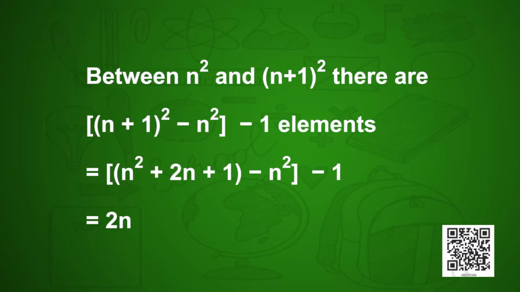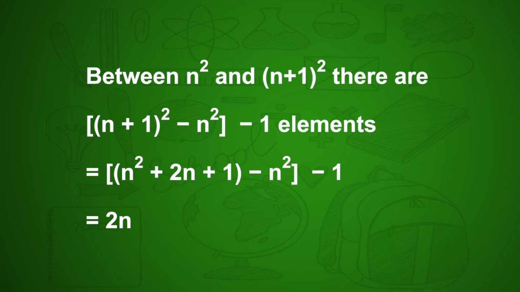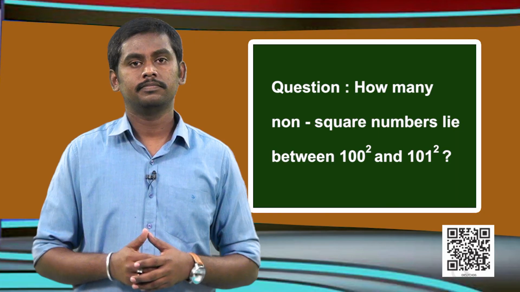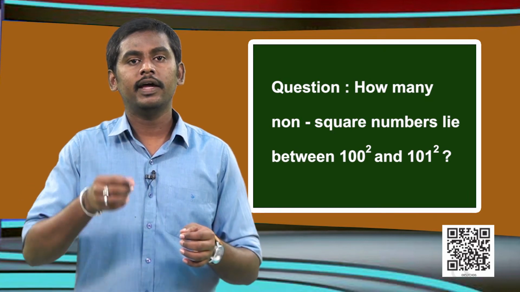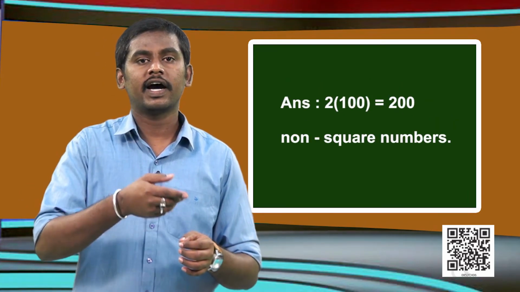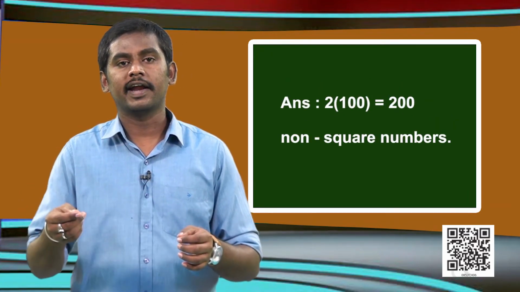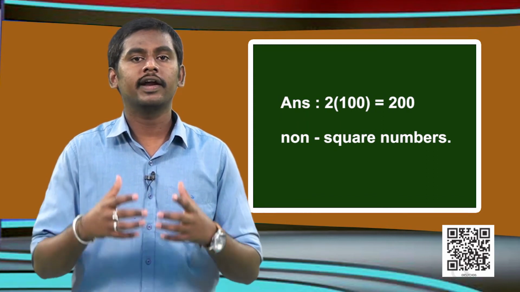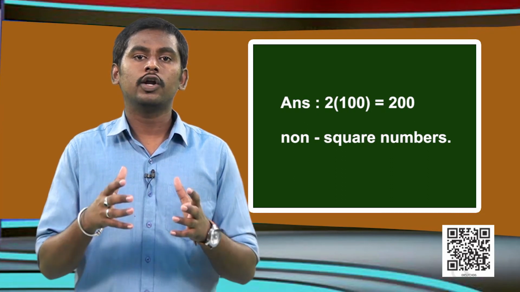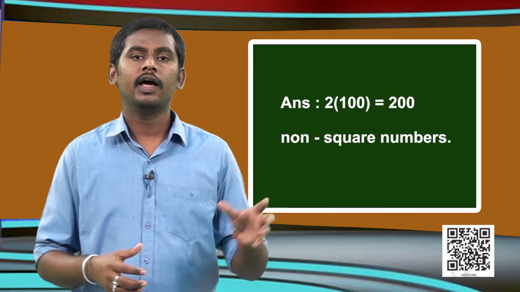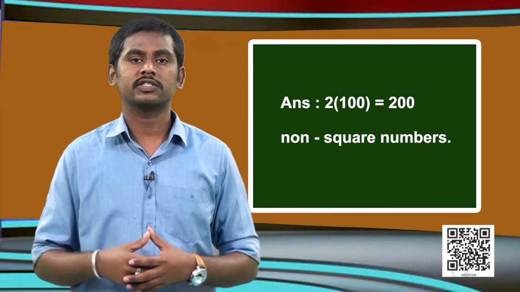Whenever we have n square and (n plus 1) whole square, in between these two we find 2n non-perfect squares. So, between 100 square and 101 square there will be 2 times n. Our n is 100. So, 2 times 100, which is equal to 200 non-square numbers. So, we find that there are 200 non-square numbers present between 100 square and 101 square.